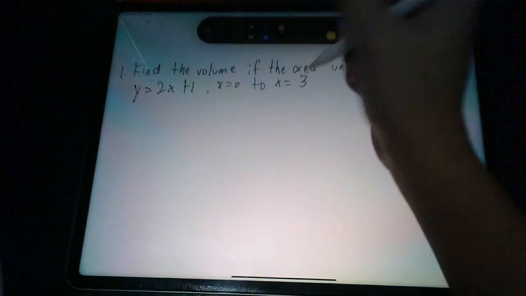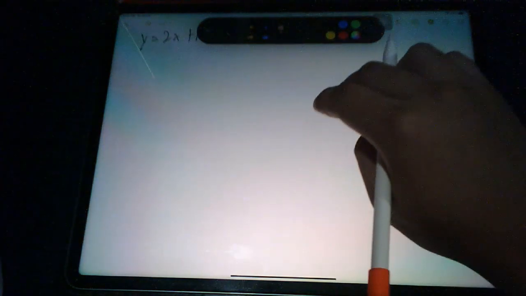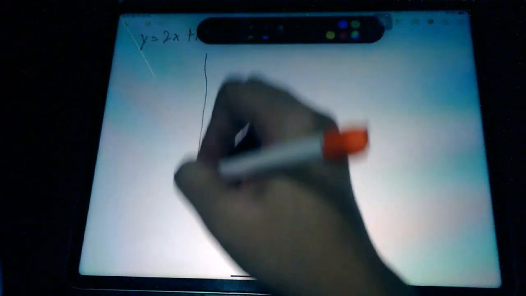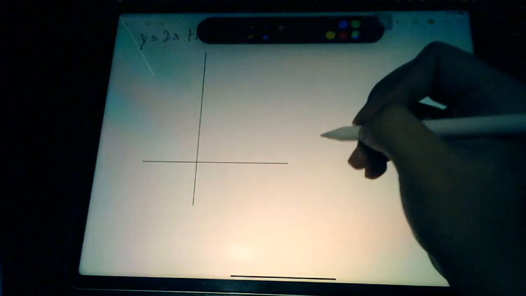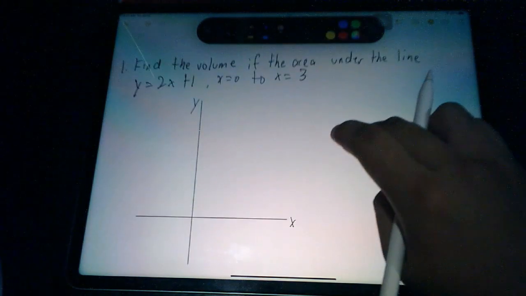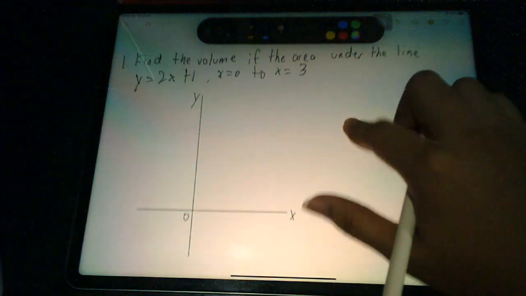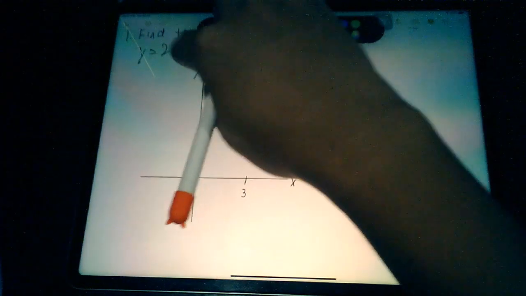So we need to do a graph to illustrate our process. Let's say this is our graph. Now this is our y-axis and this is our x-axis. So from x equals 0, let's plot that first, to x equals 3. Now we are going to find the points of our line.